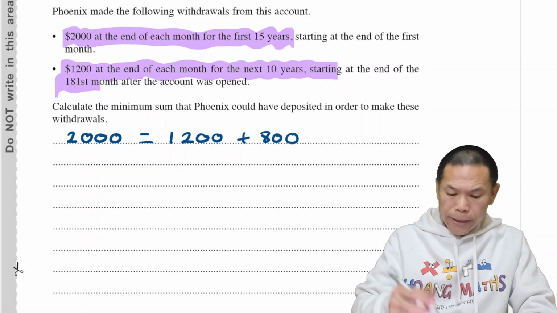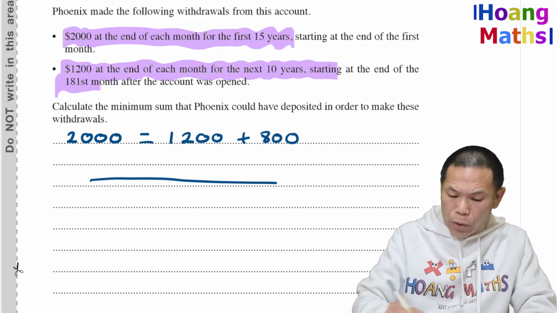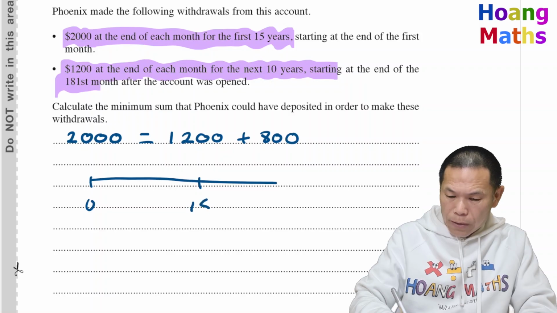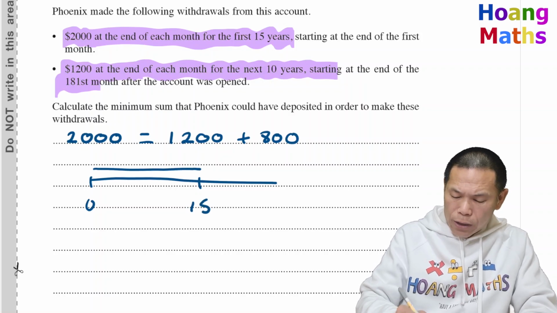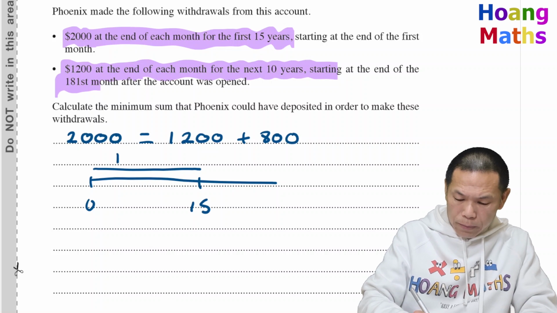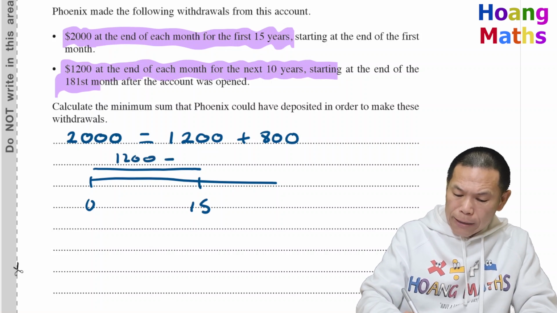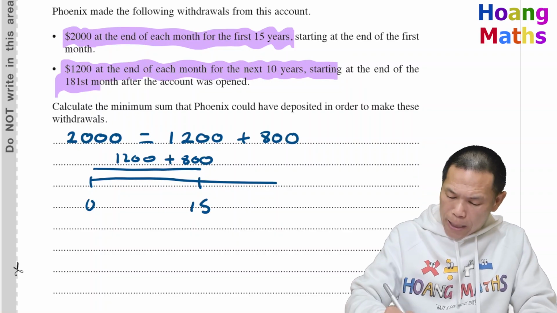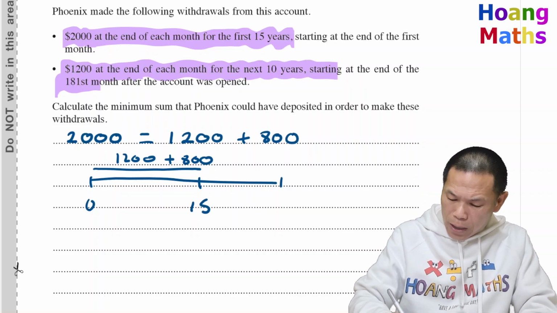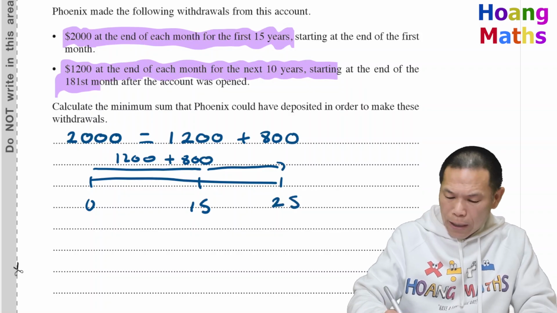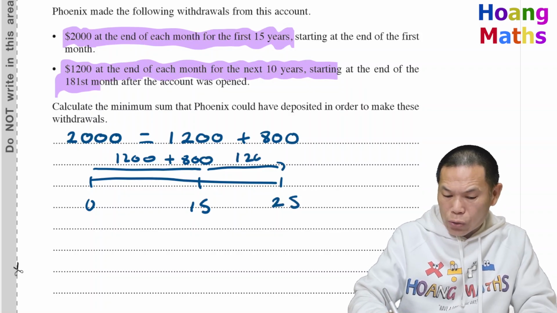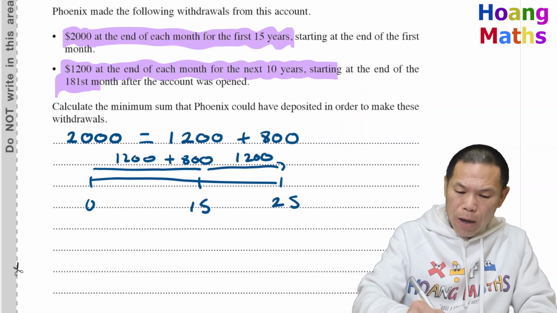So he withdraws from 0 to 15 years $1,200 plus $800, and then for the rest of the term, all the way to 25 years, he withdraws $1,200.